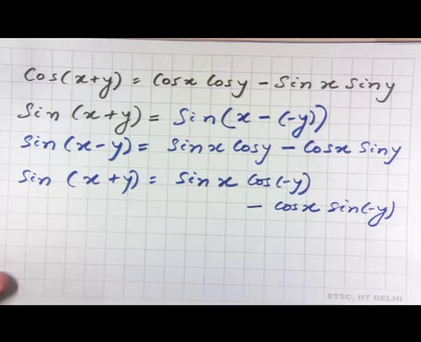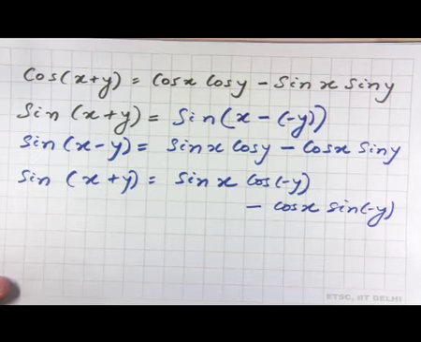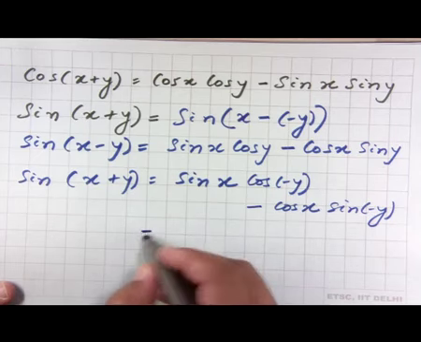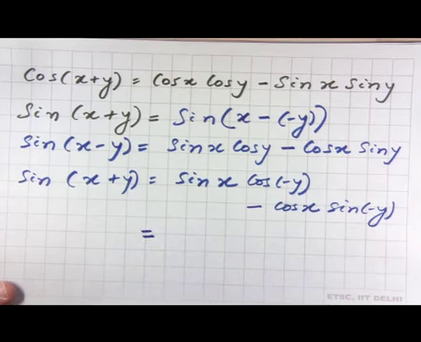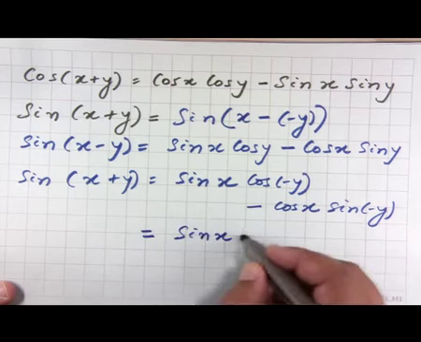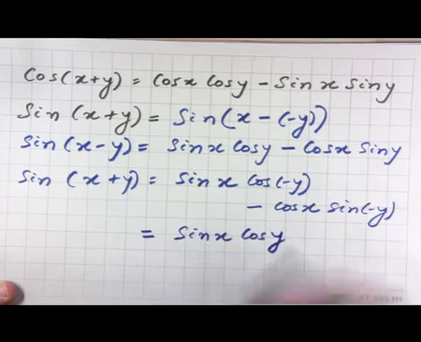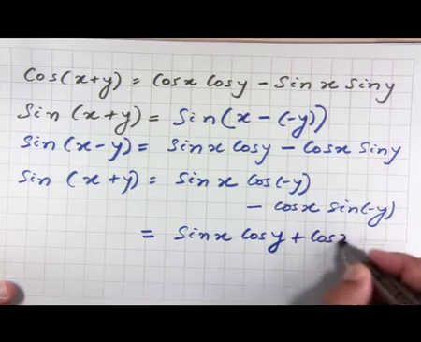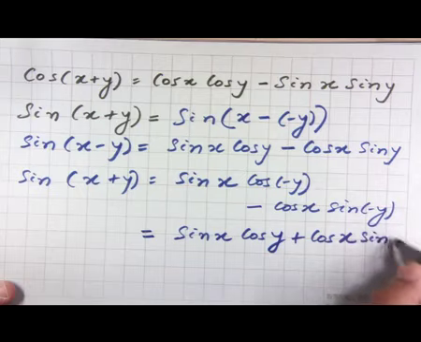Therefore, cosine of minus y is cos y and sine of minus y is minus sin y. So, using these two facts, we further get that sin x plus y is finally equal to sin x cos y plus cos x sin y.